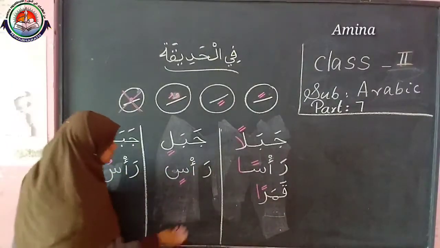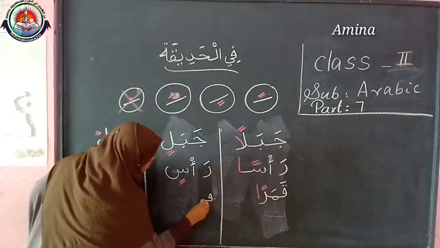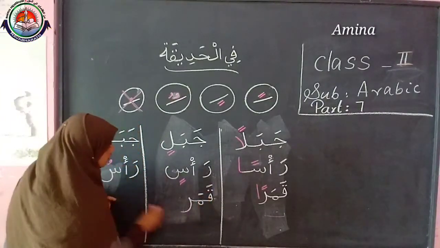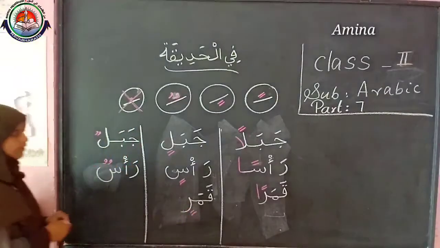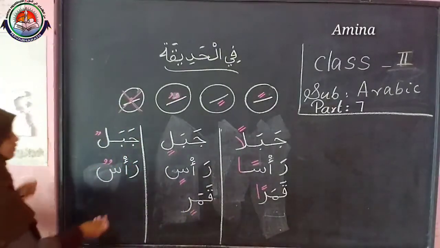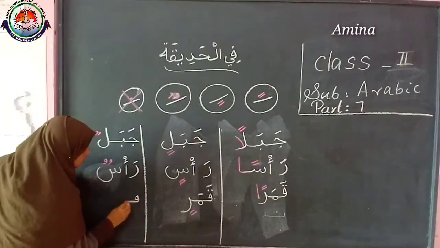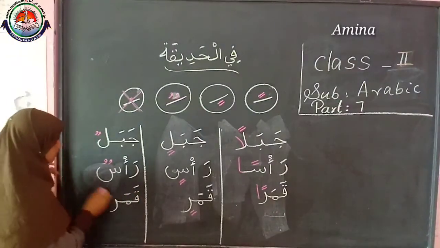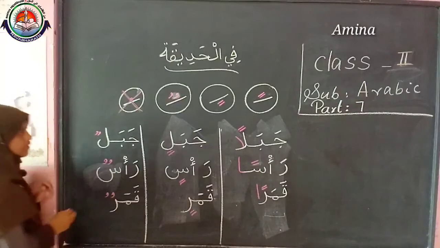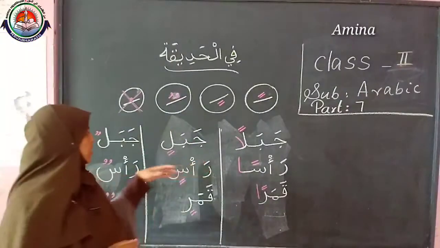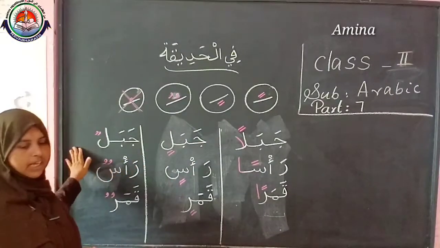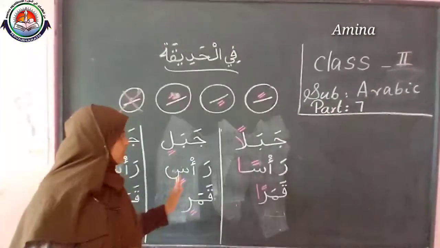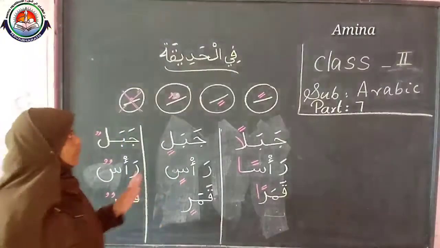Qamaran, qamarin, qamarun. Double fatha, double kasra, double damma. This much only. Today we are learning about these words only with tanween.